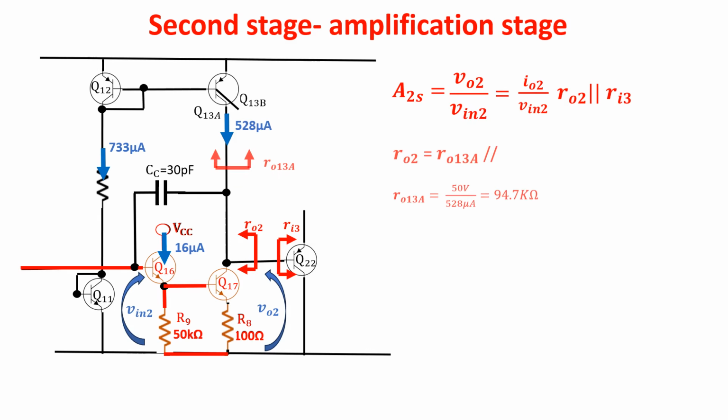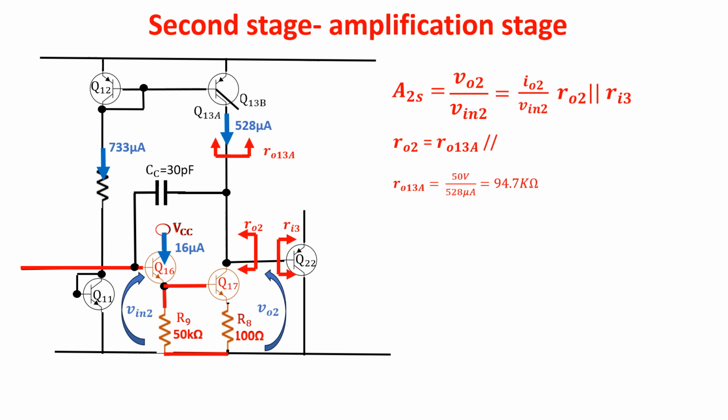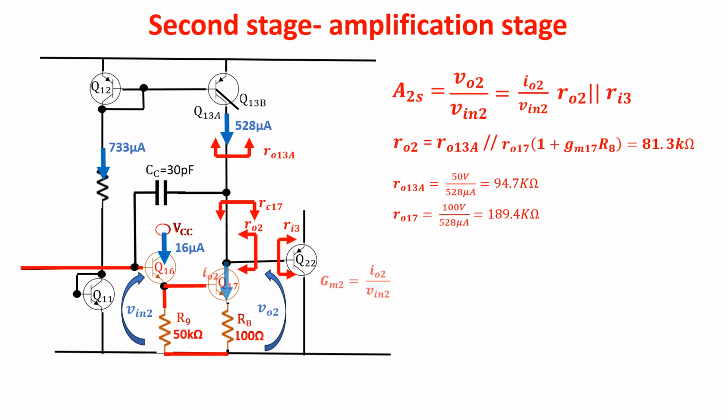RO2 is the parallel of the resistance in the collector of Q13A and the resistance in the collector of Q17. The transconductance of the second stage is the ratio of the output current IO2 and the input voltage Vin2, which is equal to the product of the two ratios: VB17 over the input voltage Vin2 and IO2 over VB17.